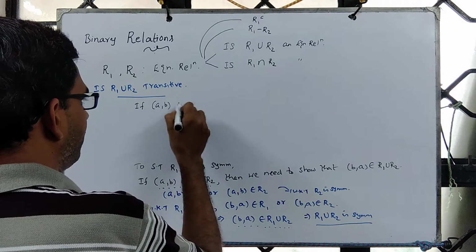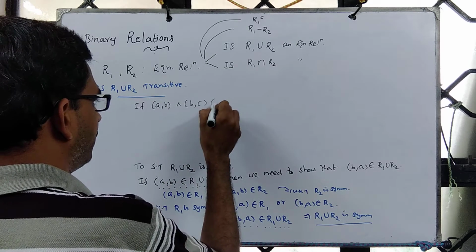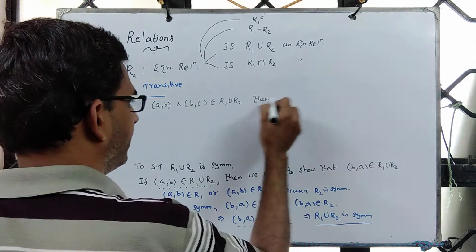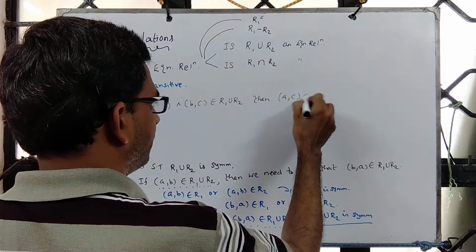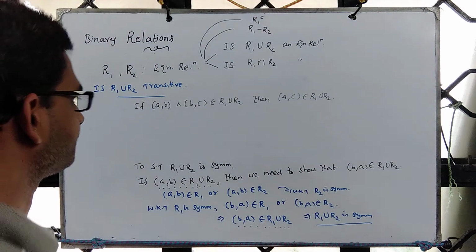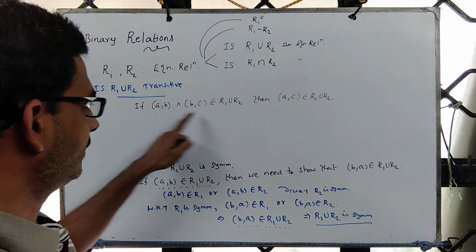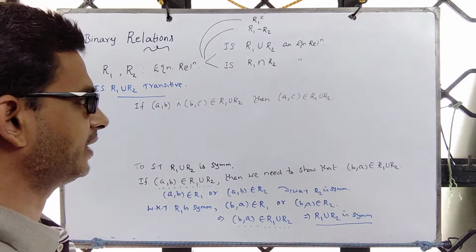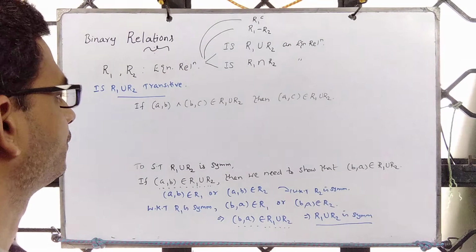If (a, b) and (b, c) belong to R1 union R2, then (a, c) belongs to R1 union R2. So if these two are present, then (a, c) must be present in R1 union R2.